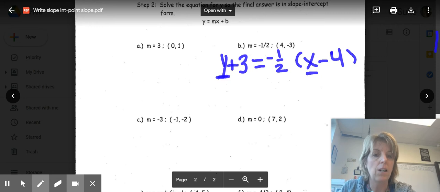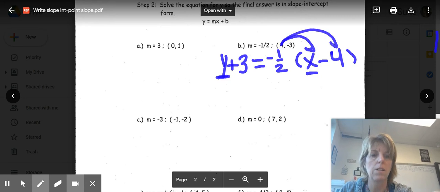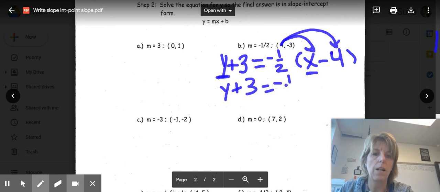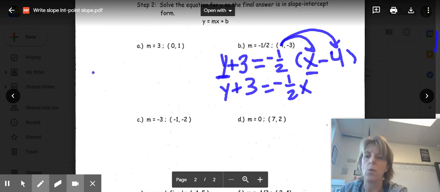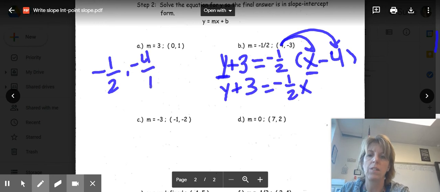Now, the second step after we write point-slope form is to change this to slope-intercept form. We have to get the y on one side and everything else on the other side. So let's start by cleaning this up and distributing. Let's keep the y plus 3, and we're going to make that equal to -1/2 x. Now let's multiply -1/2 times -4.